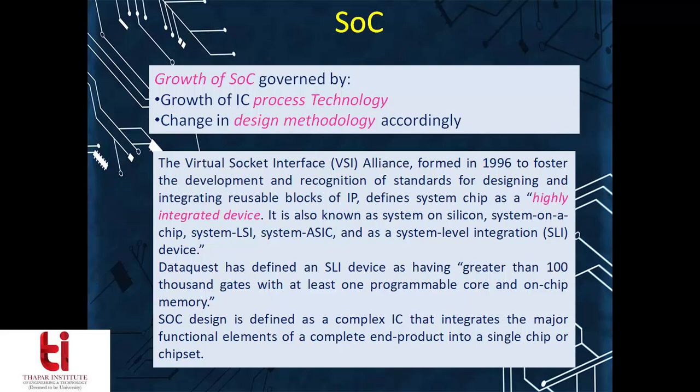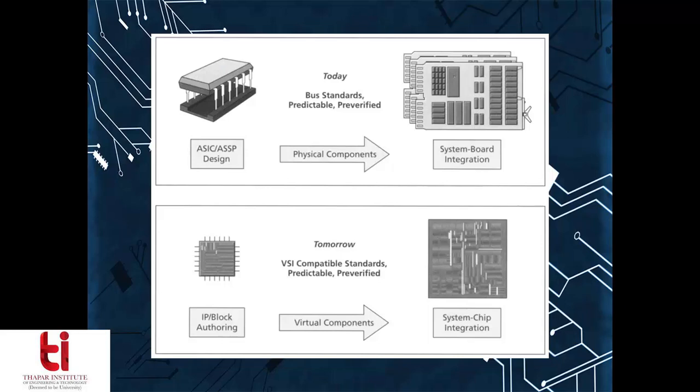Whereas DataQuest has defined the SoC as having greater than 100,000 gates with at least one programmable core and on-chip memory. So it is a complex IC that integrates the major functional elements of a complete end product into a single chip or a chipset. These definitions we have already seen, but we are trying to understand the complexity which has been captured in these definitions over time.